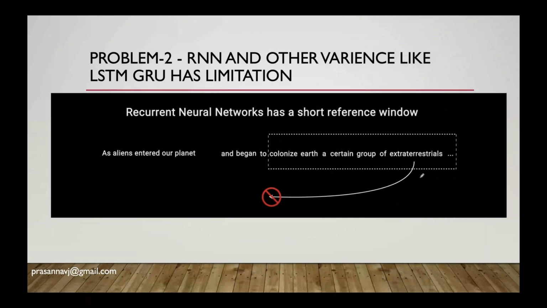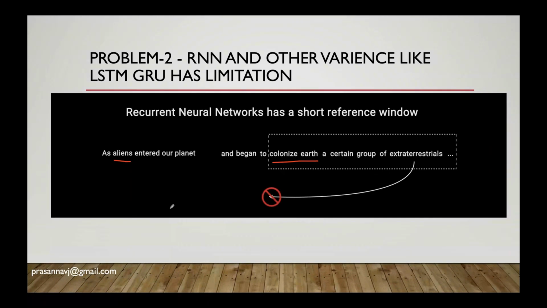The referencing window can only cover a certain number of characters or statements; it cannot have an infinite size. That's a big problem. When you are trying to generate text, because your referencing window only goes up to a point, the algorithm might think only about the statement specific to that, and may not even take aliens into consideration. That's a big problem. So we'll see how we will solve these things in a short while.